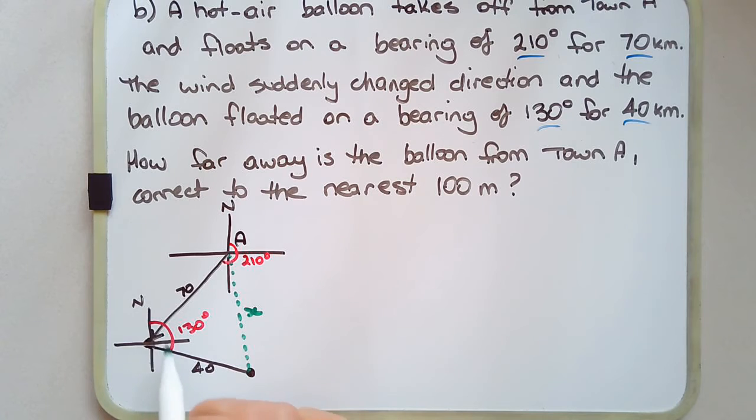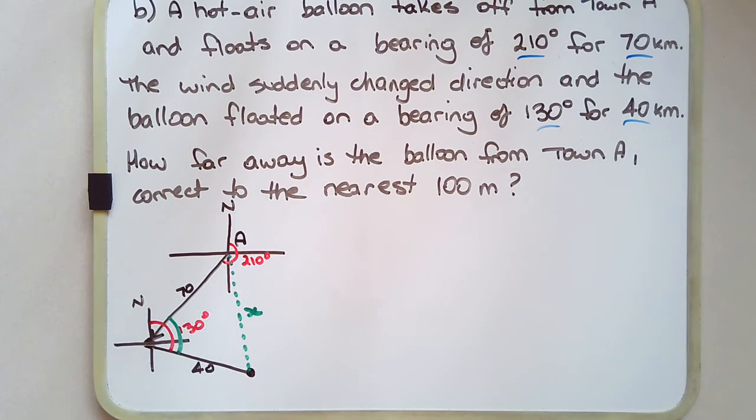If we can get an included angle, so I'm just going to draw it here in green. So this angle here in green, if I can get that angle there, then we can use the cosine rule. If we have some other angle, maybe we can use the sine rule, perhaps, but I think it's easier here given the information that we can find the included angle.